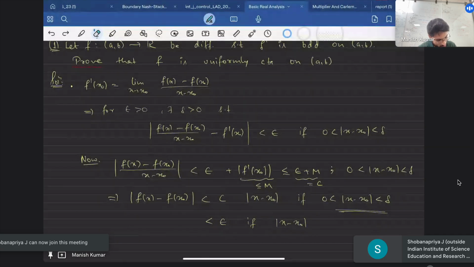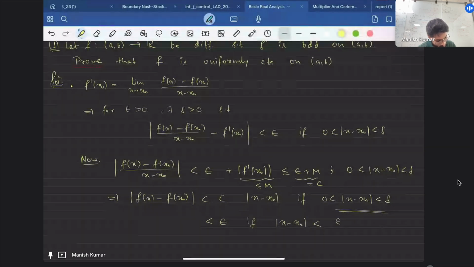Okay, so this is less than epsilon if this is less than epsilon by c. Yeah, but again there is one more problem actually. This delta over here is also depending on the point, right? This delta is also somewhere depending on the point x naught.